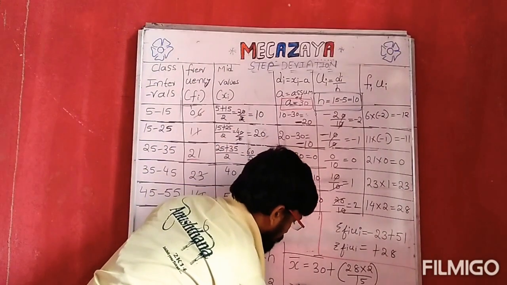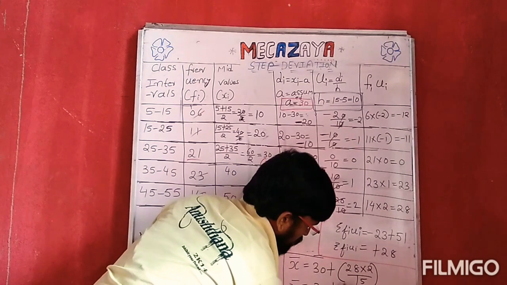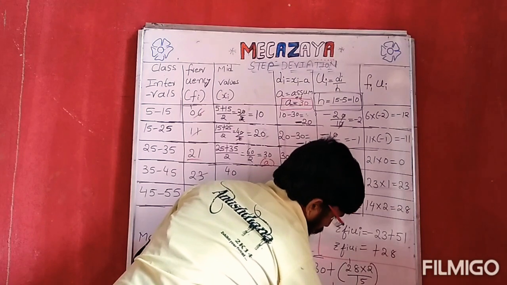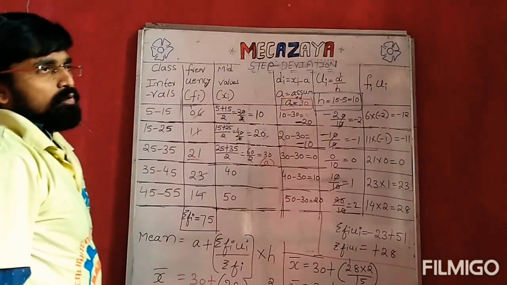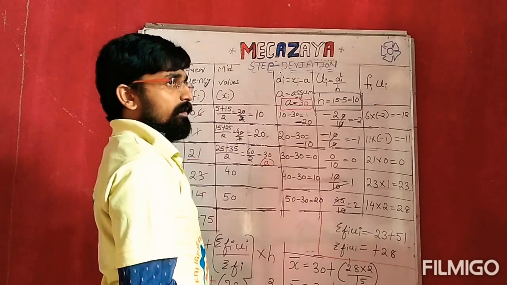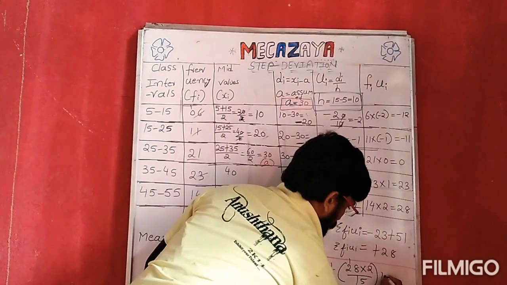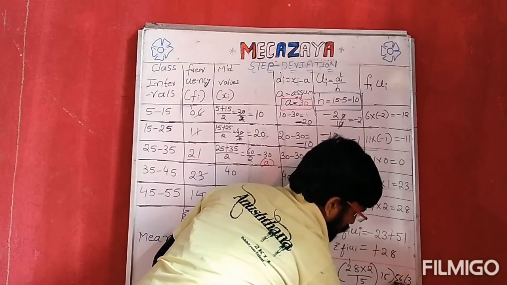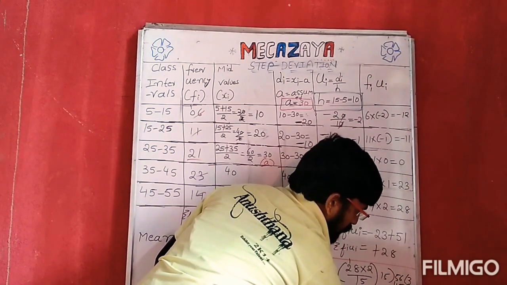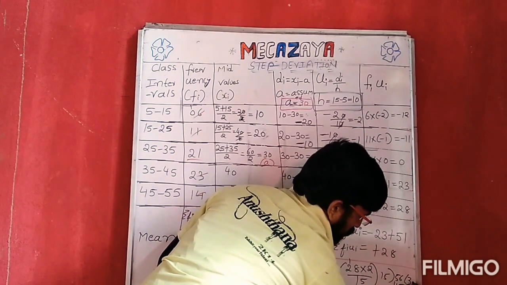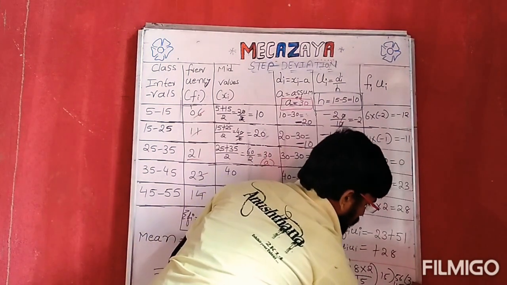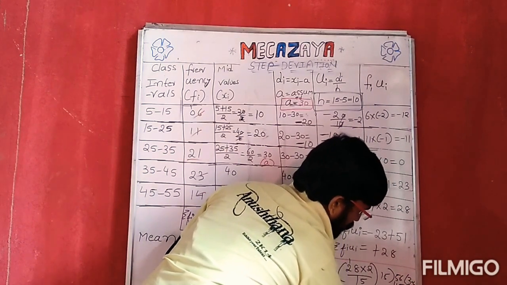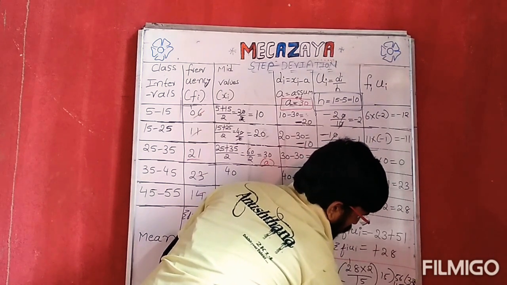After getting the answer, add to this. So x bar equals 30 plus 28 into 2, that is 56 by 15. Adding the approximation, 15 3s are 45, 15 6s are 90, 15 7s are 105.